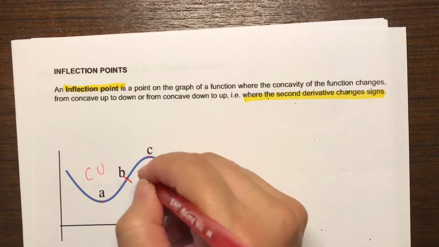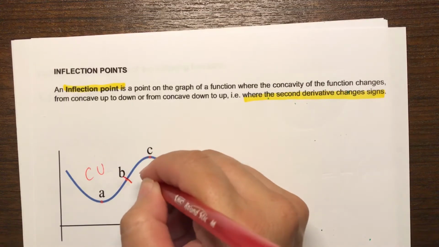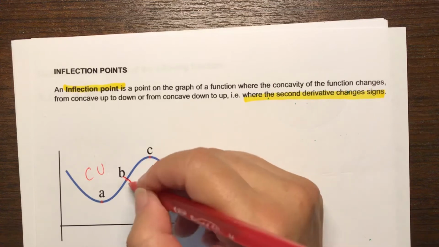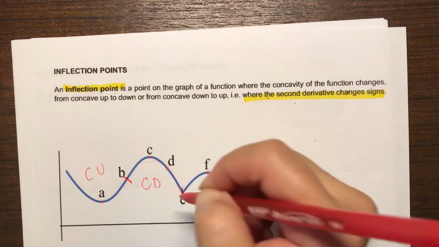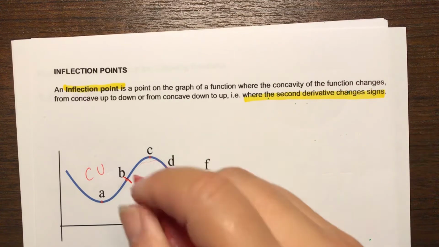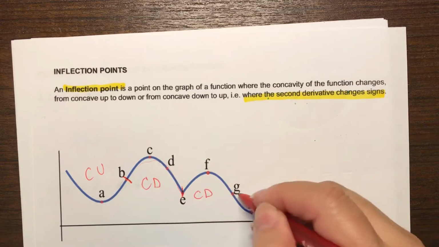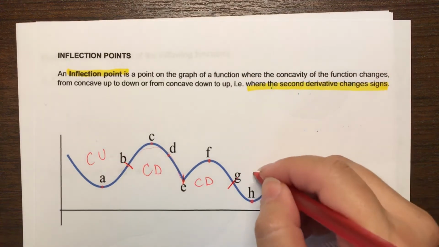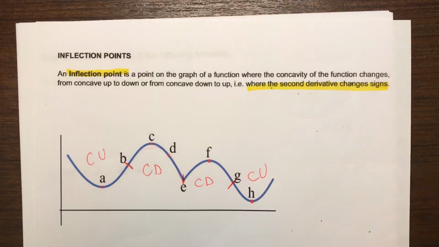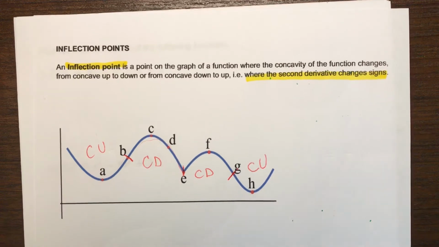Then the graph is concave down, up to here, still concave down all the way up to here, and then it's changing to concave up. So of these points, which ones do you think are your inflection points?